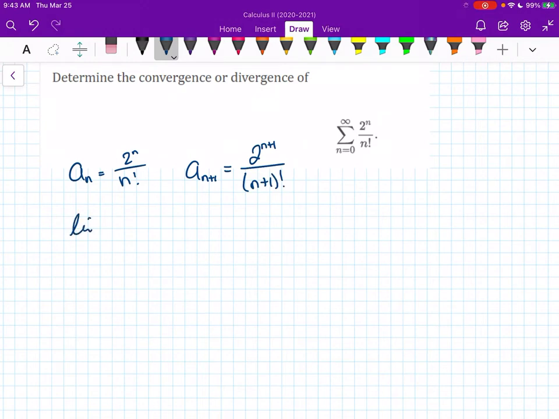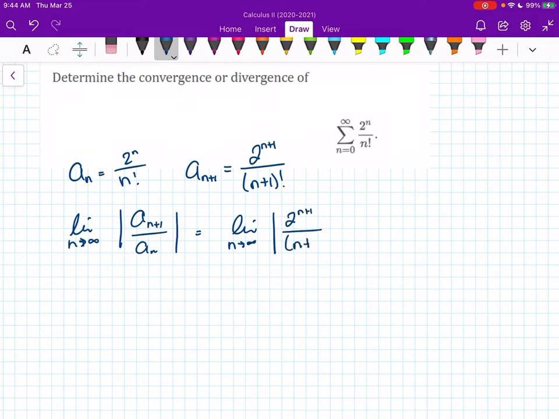So if I take the limit as n goes to infinity of a sub n plus 1 over a sub n, that's going to be the limit of 2 to the n plus 1 over n plus 1 factorial times n factorial over 2 to the n, because I'm dividing, so just flip and multiply.